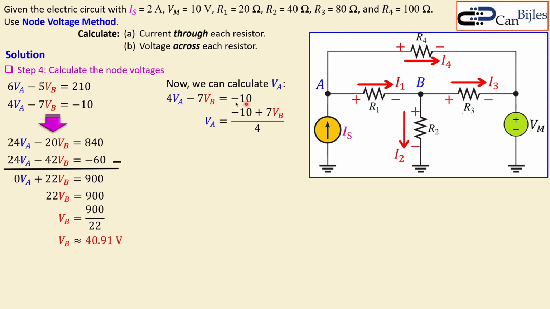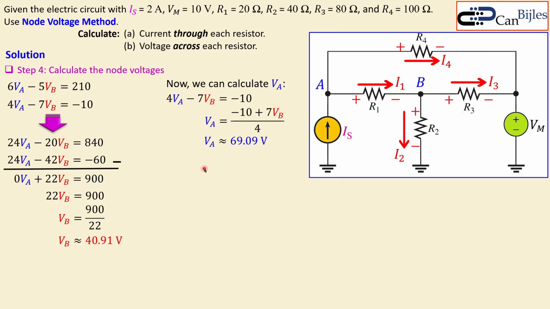That's actually minus 10 plus 7 times VB, over 4. That is the complete expression for VA in terms of VB. Now let's use this expression, or you can also use the exact value, and you will get 69.09 volts. That is the approximate value for VA.